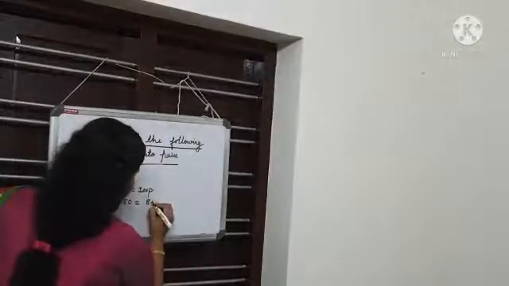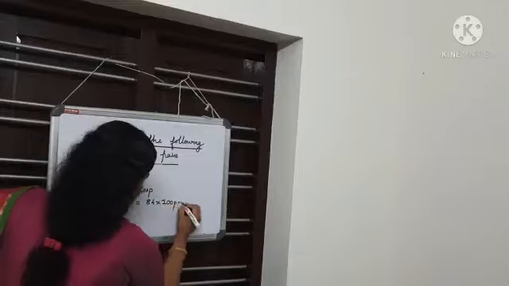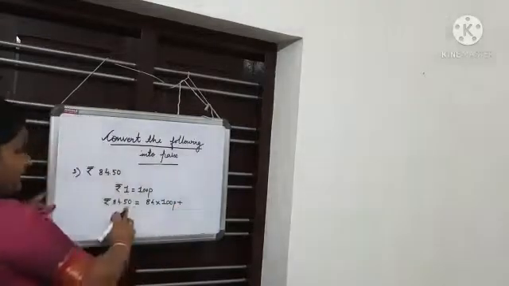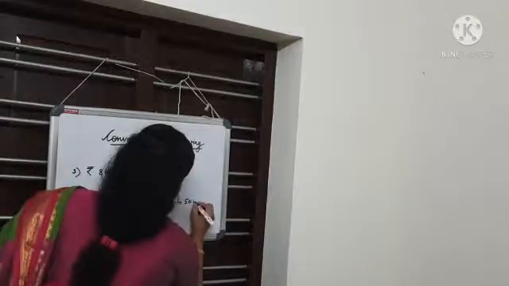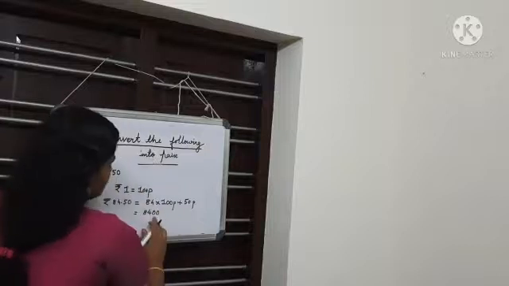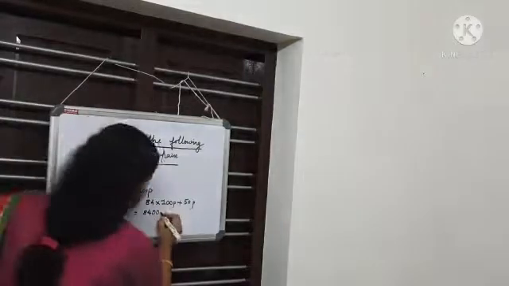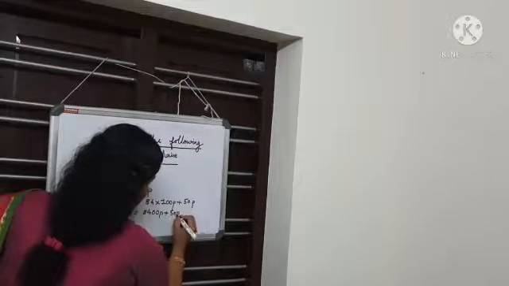So, 84 into 100 paise plus, here this is already in paise, right? So, we can write this as such, 50 paise. 84 into 1 is 84. How many zeros? 2 zeros. So, 8400 paise plus 50 paise.